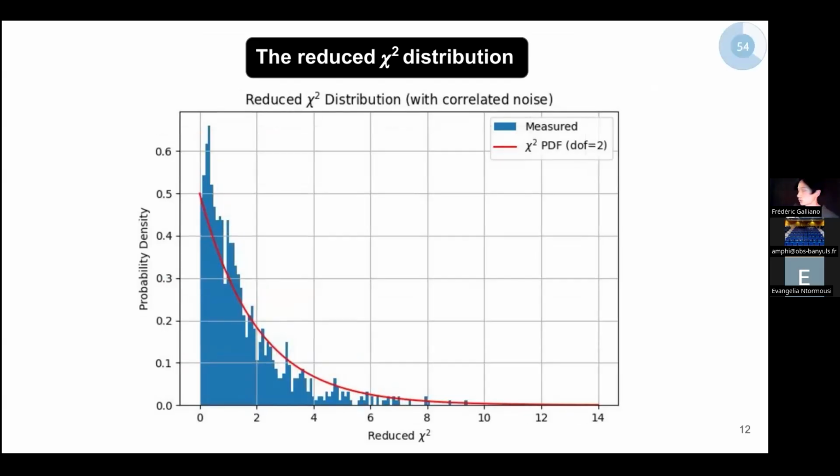But if we have a correlated noise case, basically you imagine you have data from a single field with calibration error, for example, in this case, your chi-square distribution will poke out above this PDF distribution. Basically, it means that you're deviating from this chi-square distribution with this specific degree of freedom.